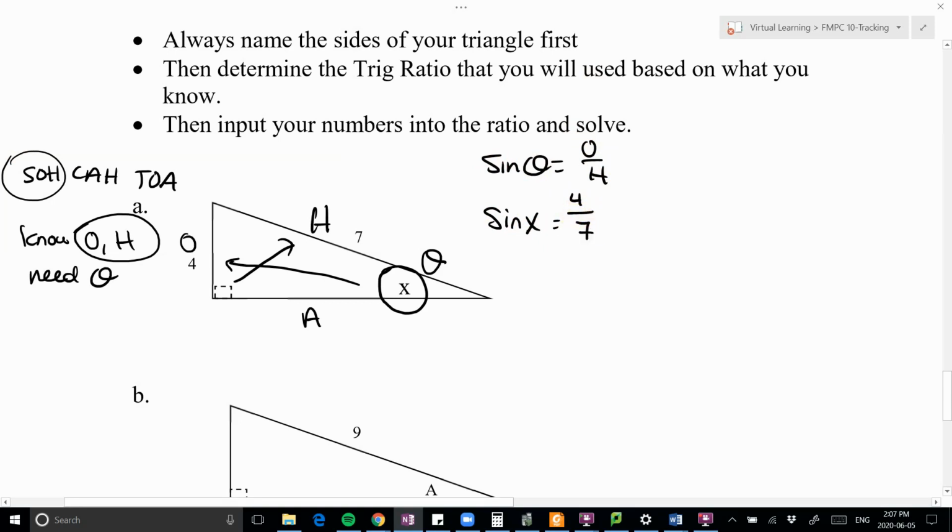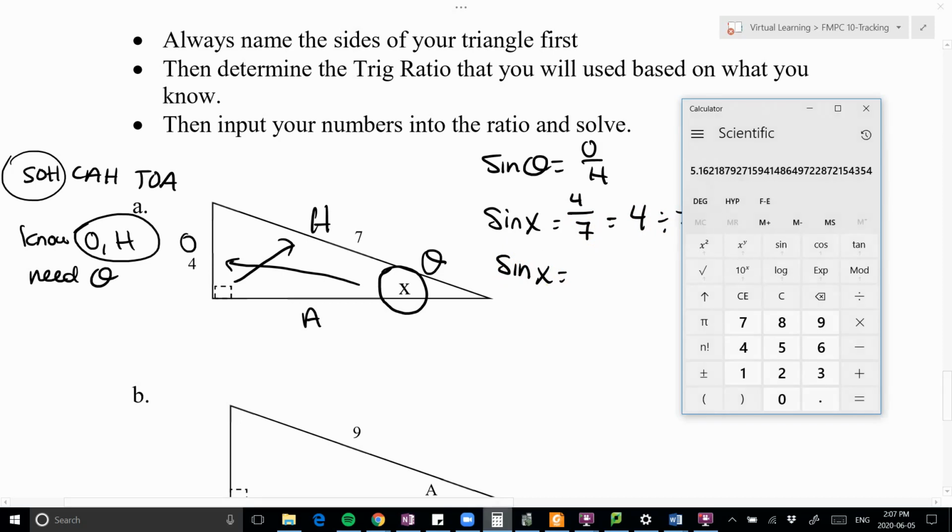Now this looks actually a lot like problems you've seen before, right? We know that sine x, we could take that fraction and turn it into a decimal. So remember that when you see a fraction like that, it means 4 divided by 7. So when I go into my calculator, I'm going to go 4 divided by 7. So I get 0.571.